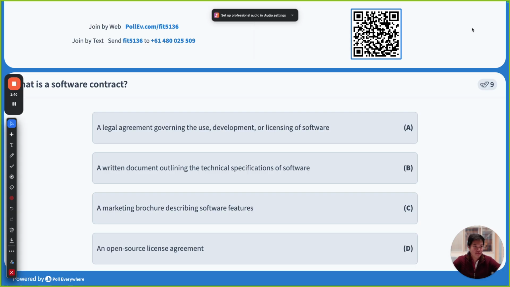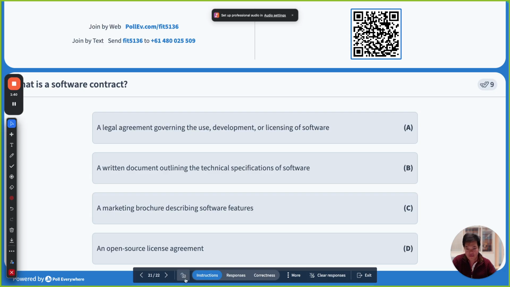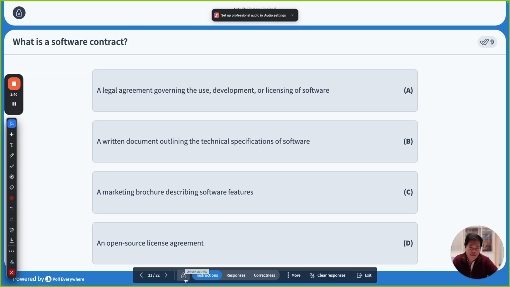Okay, software contract. Let's see what the right response is. A legal agreement governing the use, development, licensing of software? No. A written document outlining the technical specifications of the software? Yes. A marketing brochure? No. An open source license agreement?